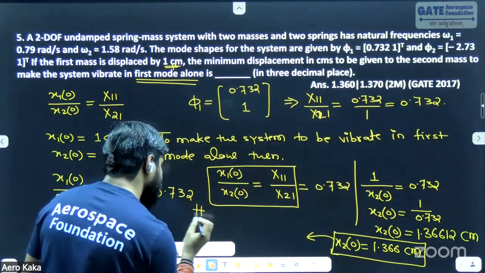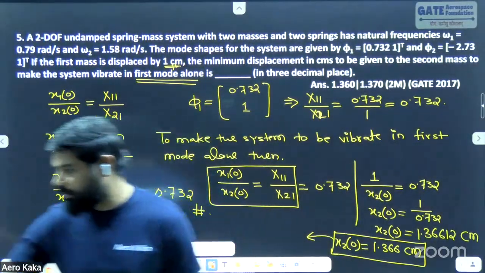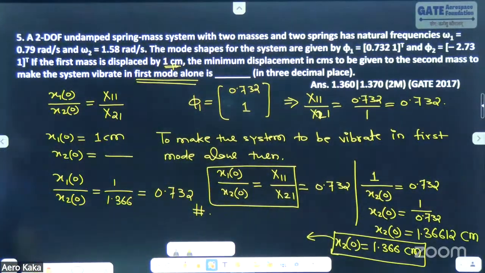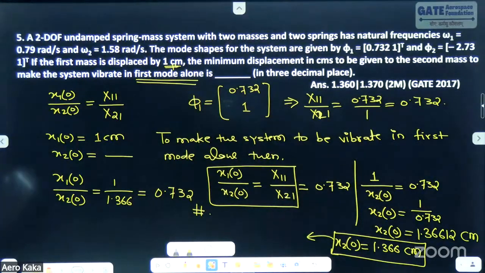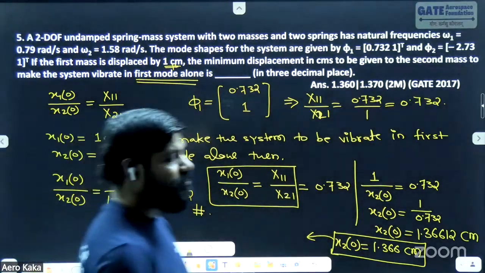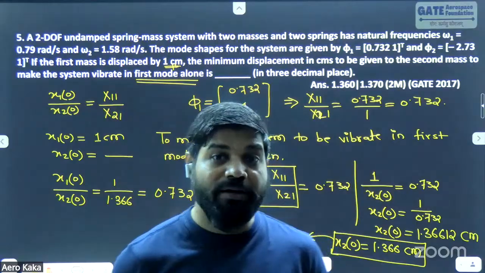Now try to understand the meaning of minimum in this case. Minimum means the exact value of x20. Why?